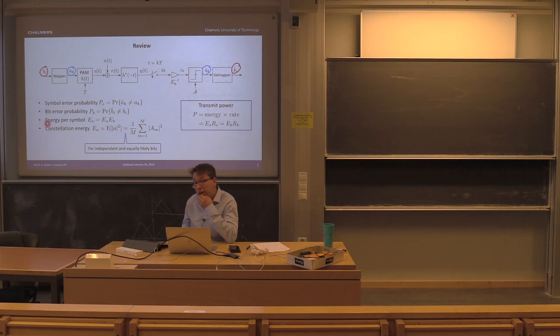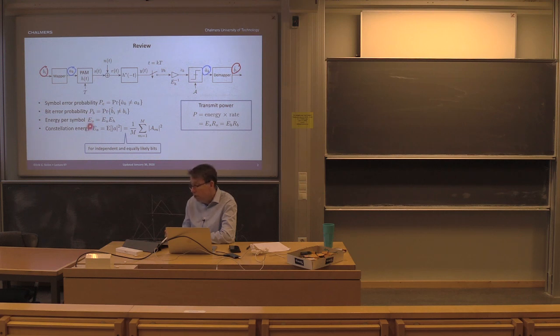In computing the error probability, it turns out that the energy per symbol is a crucial parameter. If one looks at the energy in the transmitted signal for many symbols, takes that total energy and divides by the number of symbols transmitted, then we get the symbol energy.